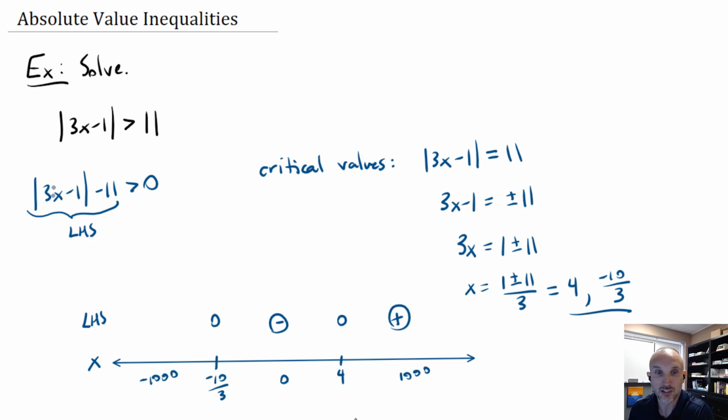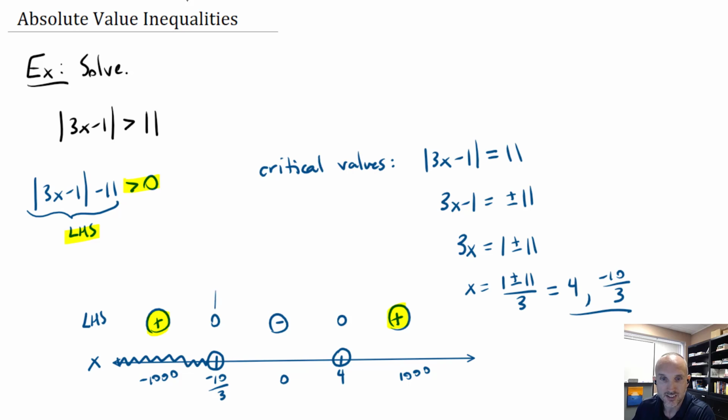Take the absolute value, that's positive 3,001. Minus 11 is positive. So I want to know where the left-hand side is greater than 0 or positive. So that's here and here. So the x values I'm looking for are the x values in those two intervals.